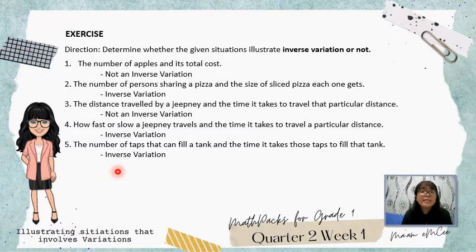The more taps, the faster. So that means to say the number of hours will be decreasing. So as the number of taps increases, the time it takes to fill the tank will be decreasing. So they will be opposites. So that means to say this situation illustrates an inverse variation.